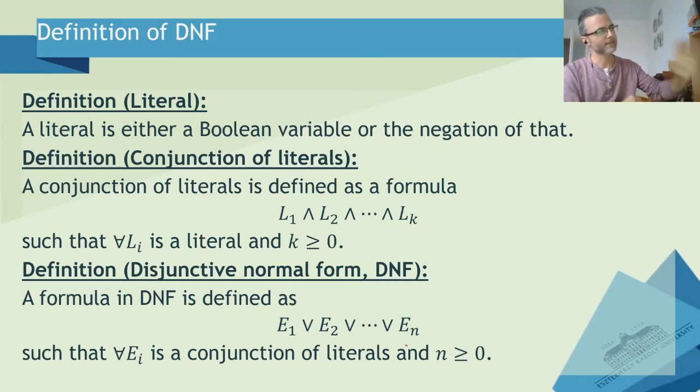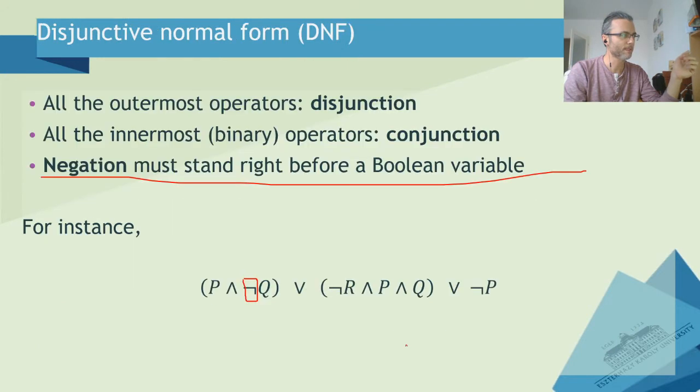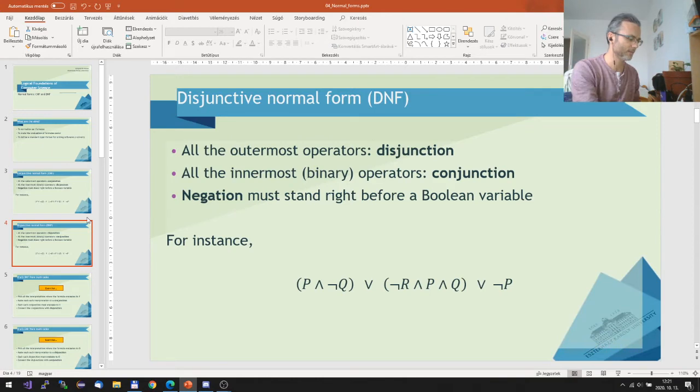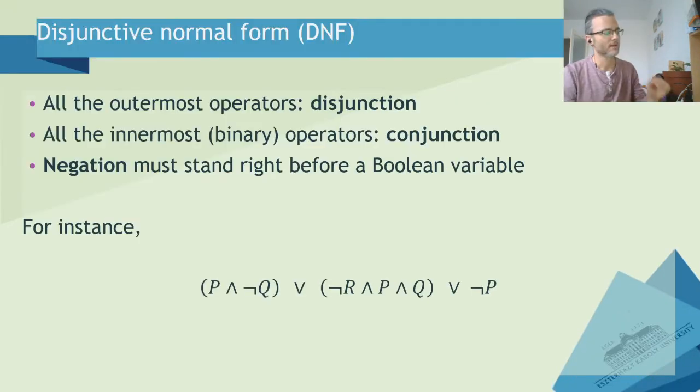Okay, let's first check out the definition of a DNF. You know, DNF means a disjunctive normal form. So if you check out this DNF here, you will see that it basically starts with variables here and there and there.